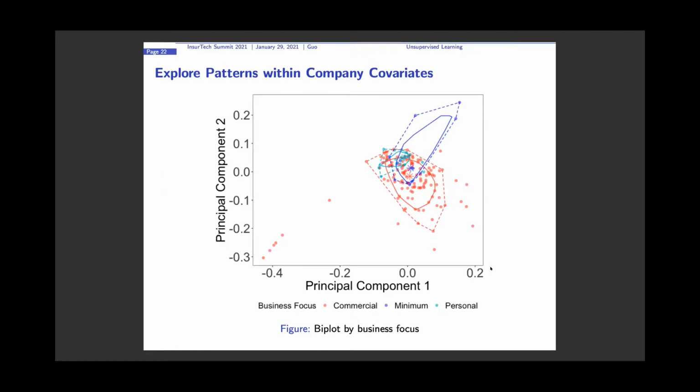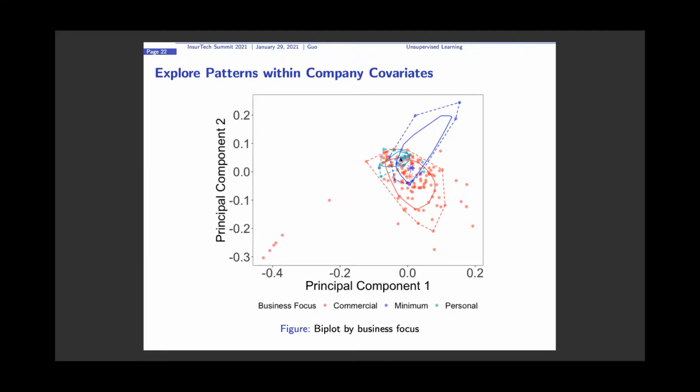This one shows again the PCA plots, PC1 versus PC2, by different business focus. A majority of the companies here are labeled as commercial companies. And you can see there are a few personal companies situated here.